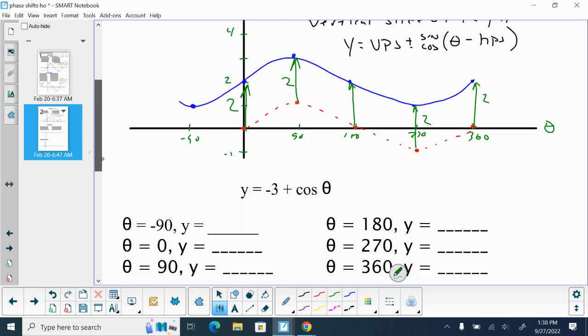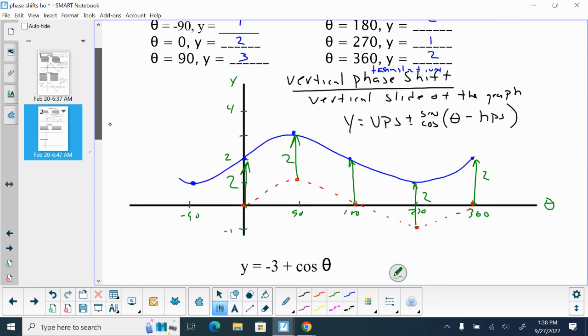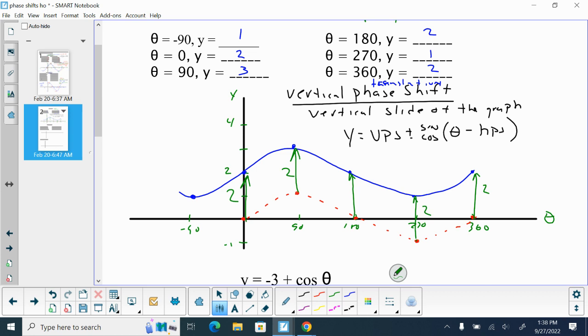So if we take a look at our last one here, well, before that, what also goes with the vertical phase shift is what I call a prime axis. Because what this prime axis does when you're dealing with graphing is give you an auxiliary axis to help and assist you in your graphs.